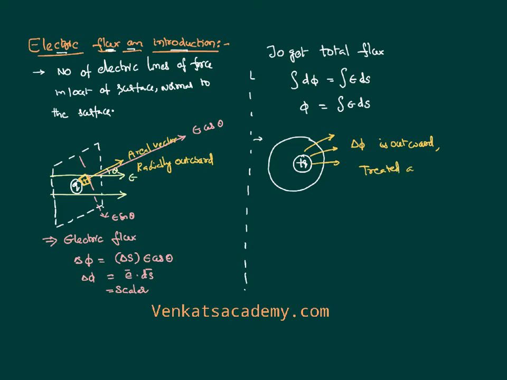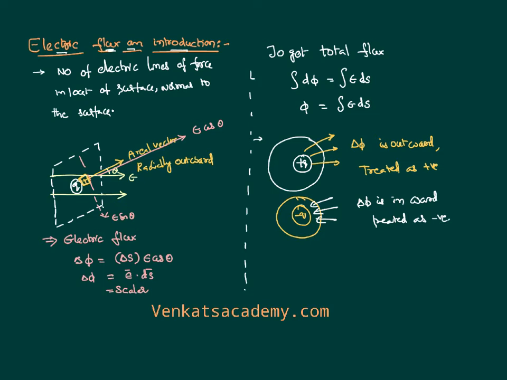Say if I have a negative charge inside a closed surface, electric lines of force go into the surface, normal to the surface at a given point, delta phi is inward, and that is treated as negative.